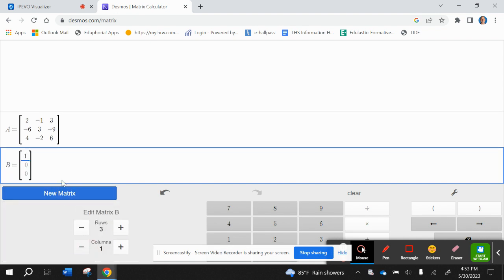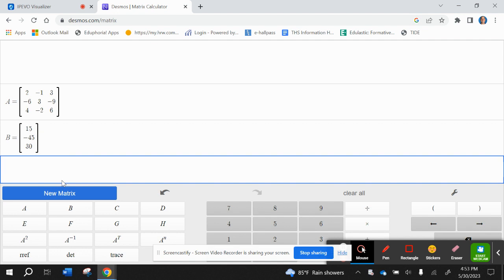We have 15, negative 45, 30, enter, and then we do A inverse B. We get an error message. That means we need to do this without a calculator.